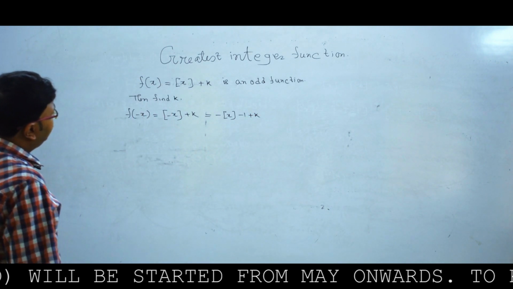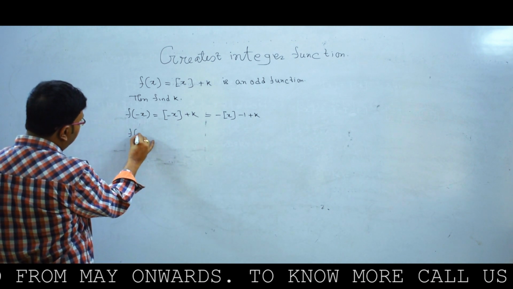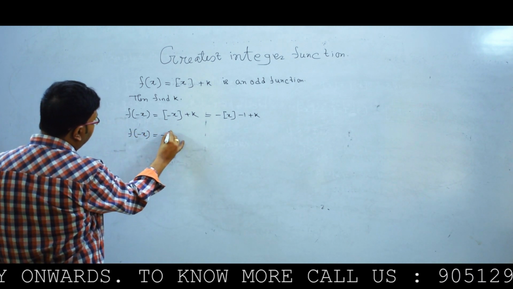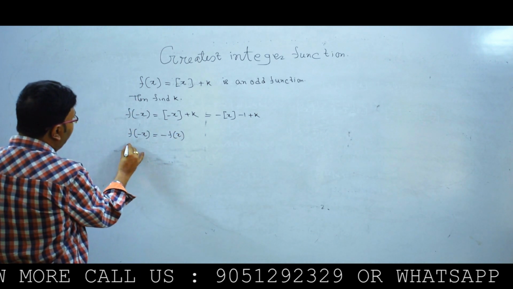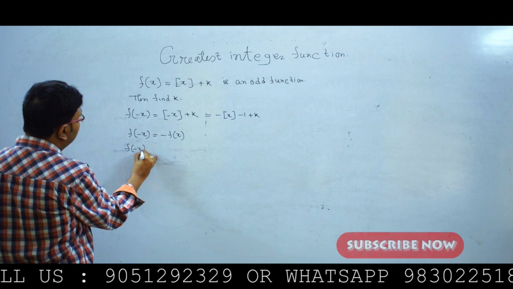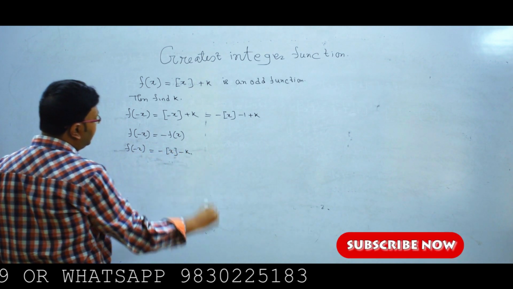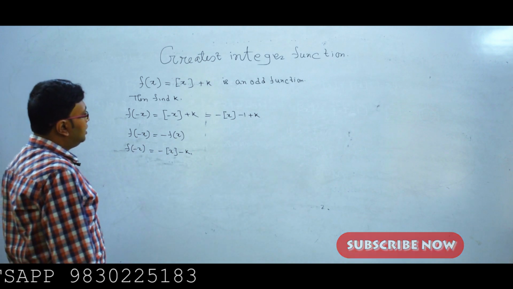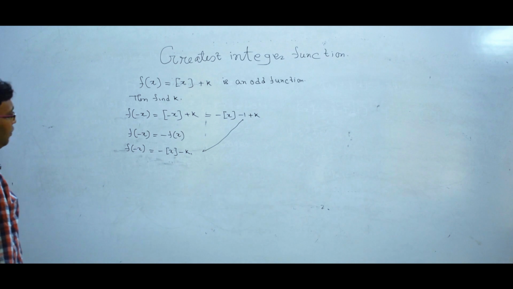Now, as f(x) is an odd function, therefore f(-x) equals -f(x), and that implies f(-x) equals -{x} - k. Therefore, these two are equal when f(x) is an odd function.